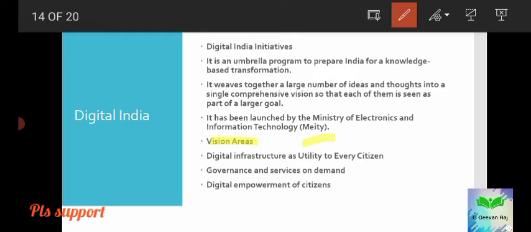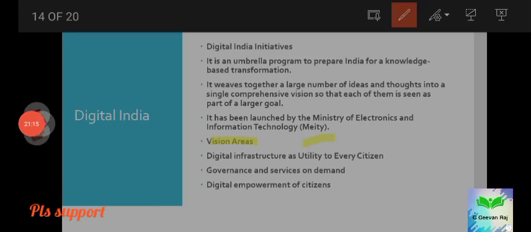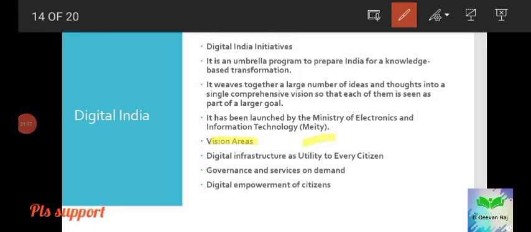So, it also aims to provide governance and services as per the demand of the citizens through various digital platforms. Digital empowerment of citizens. As we all know, most of the people in India are not digitally educated, so we lack digital literacy. So one of the major visions of this Digital India initiative is the digital empowerment of the citizens of India.